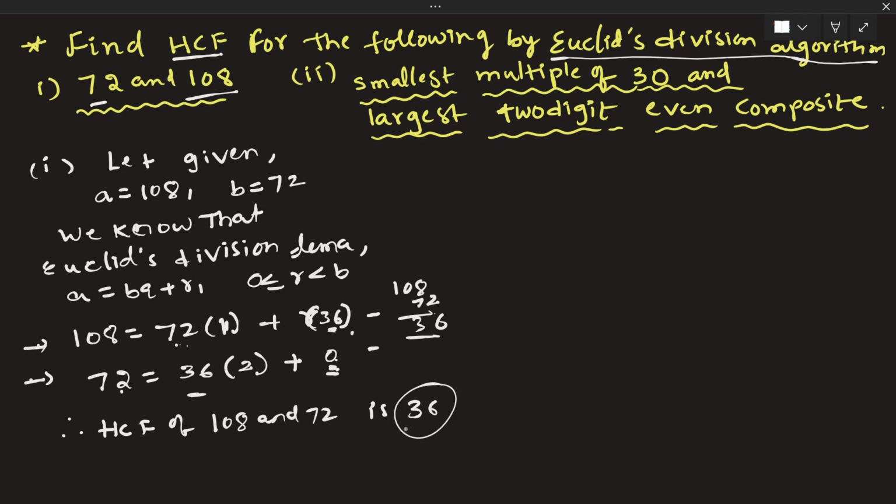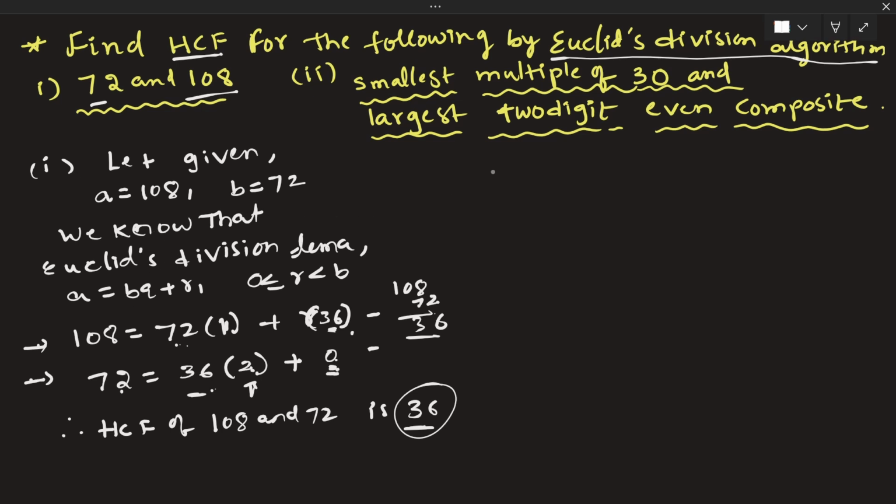So the divisor which gives the remainder 0, for the unique number q, that is 2 here, is 36. We follow the same procedure for any two positive integers when we apply Euclid's division algorithm.